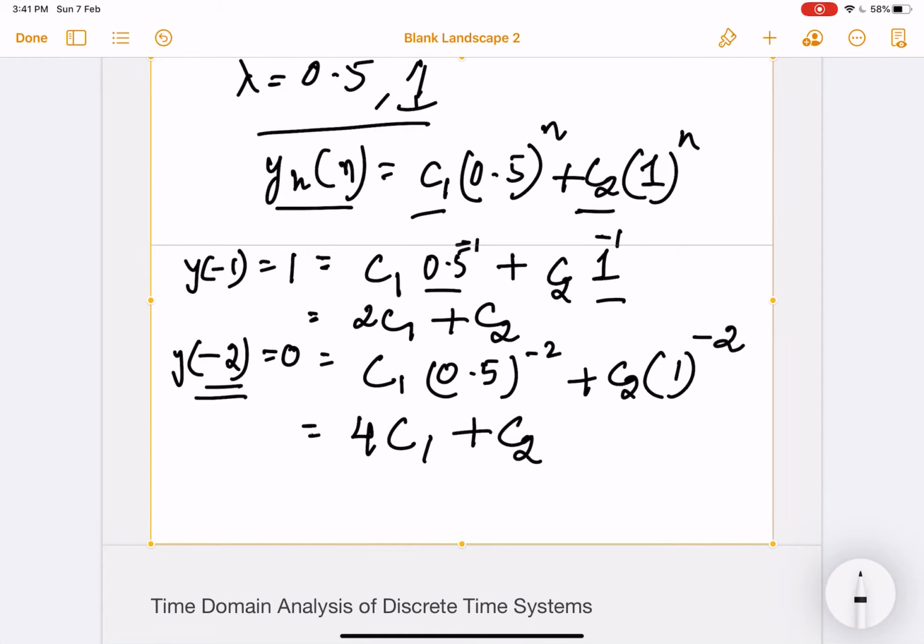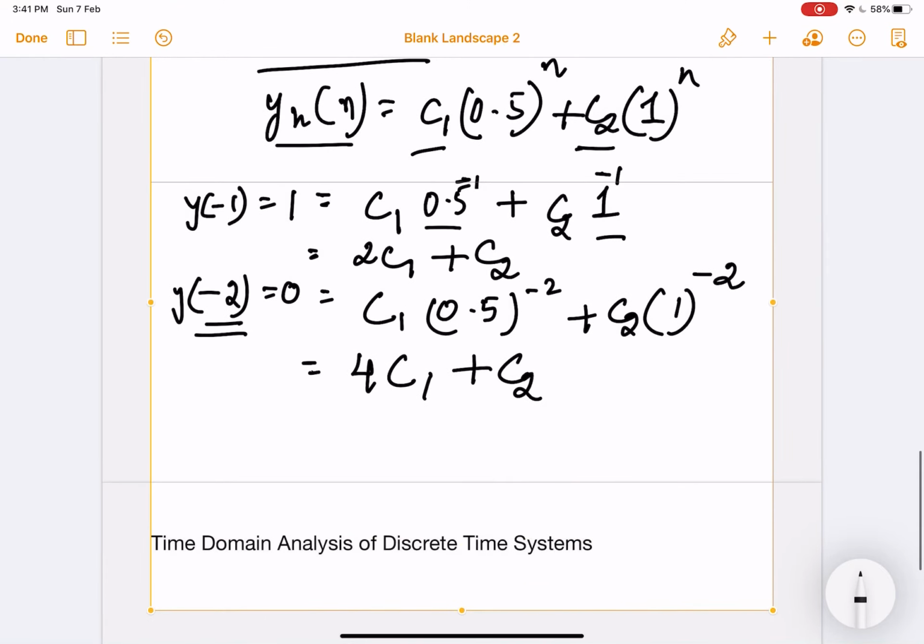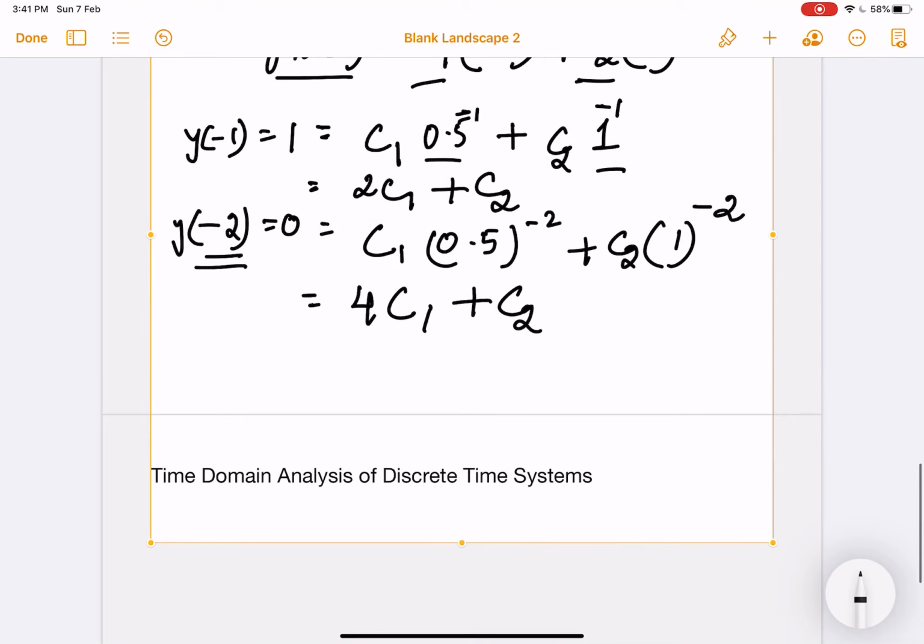These are the two equations that we have got, two linear equations we can easily solve: 2C1 plus C2 is equal to 1, and 4C1 plus C2 is equal to 0.